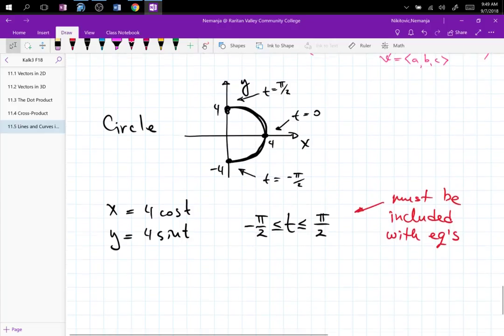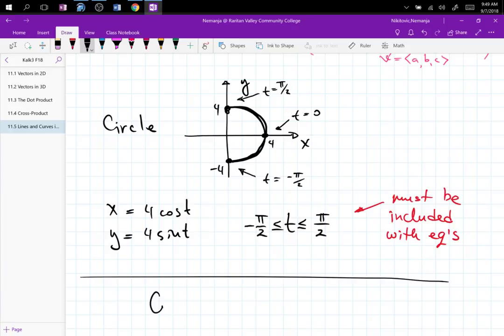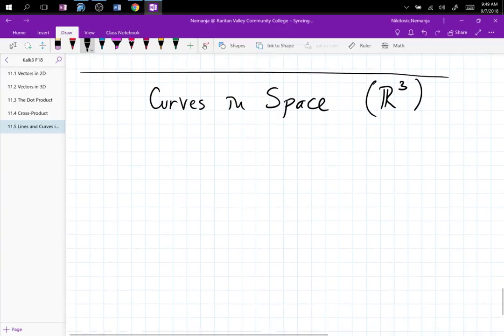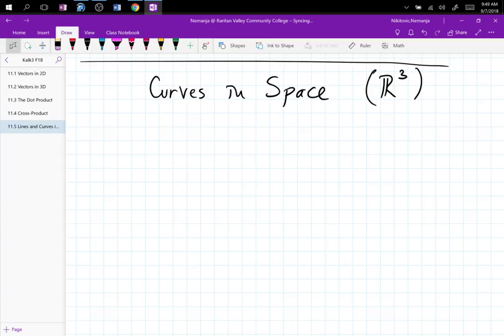And that's that. So now, curves in space. Meaning R3. Well, those are described by the vector valued function.